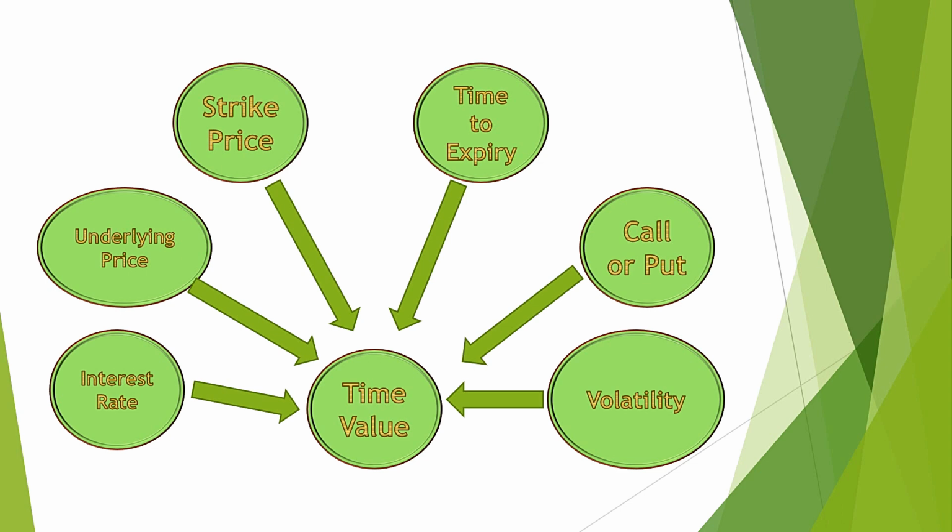When there is more fear, puts will be highly priced because people will rush to buy puts. So puts will get higher premiums. When it is strongly bullish market, call seller will demand higher premiums and call buyers will be willing to pay higher premiums as there is hope of further higher prices.